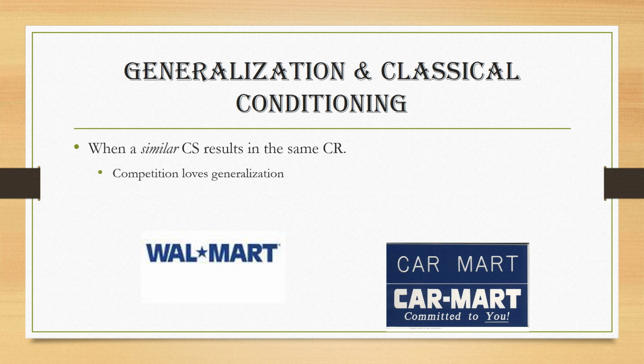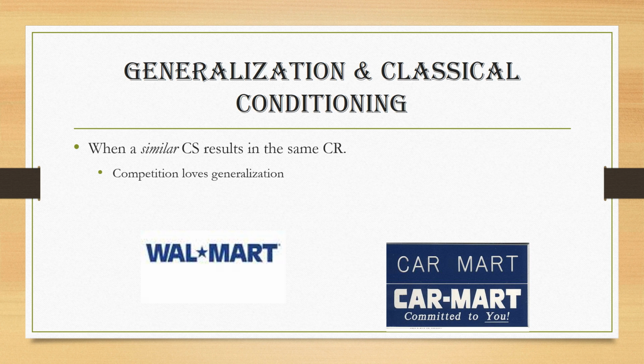There was another company that doesn't sell anything like Walmart does, but they do sell cars, and they call themselves CarMart. At one time, CarMart, when they made up their signs, I believe, put a star in between the word car and mart, just like Walmart did. They basically are using generalization.